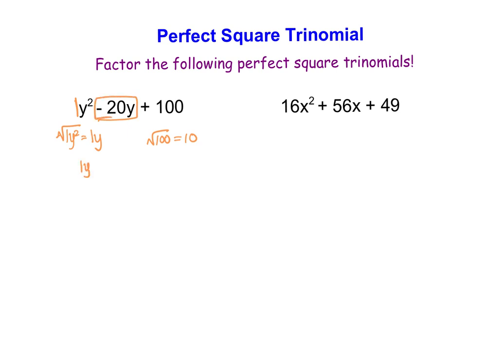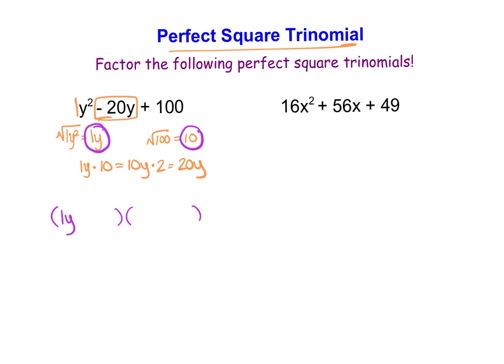So if we take 1y times 10, that gives us 10y. And then if I multiply that by 2, that gives me 20y. So while my middle term is negative, I can see where that 20y is connected. So this is a situation where it is a perfect square trinomial. Now, because I know that I can factor this using my perfect square trinomial trick, I'm going to take the 1y and the 10, and I'm going to put them into my two parentheses.